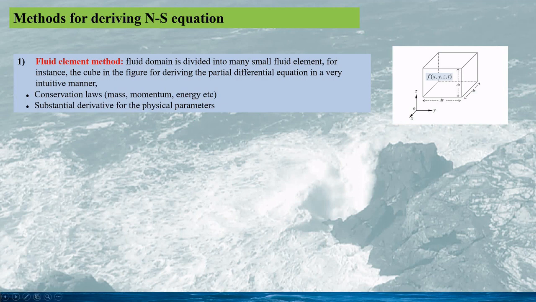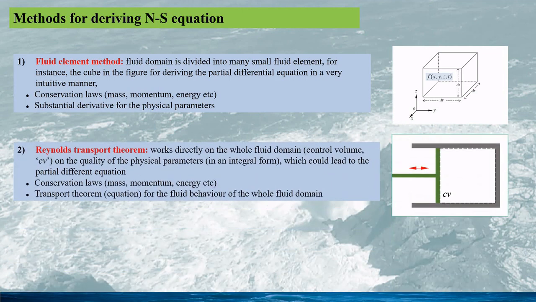This derivation is very straightforward with obvious physics, but the substantial derivative can be a problem in compressible flows. The Reynolds transport theorem works on the whole fluid domain and examines the overall behavior of the fluid. In the derivation, the control volume, CV, is used.